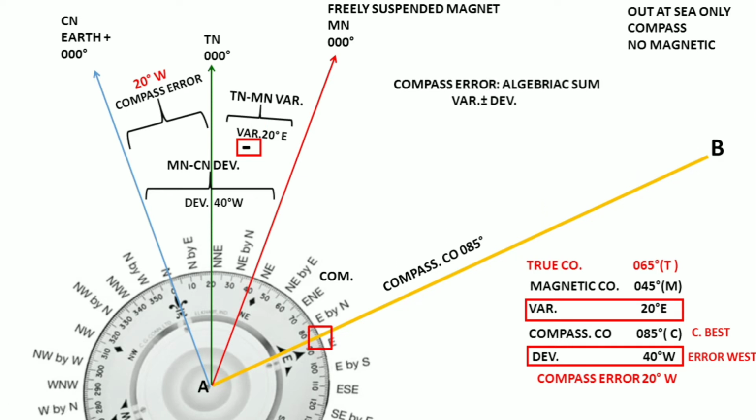So compass error, as I told you earlier, is the algebraic sum, plus minus. In this case, when you have variation and deviation of opposite names, you subtract and retain the name of the higher value.